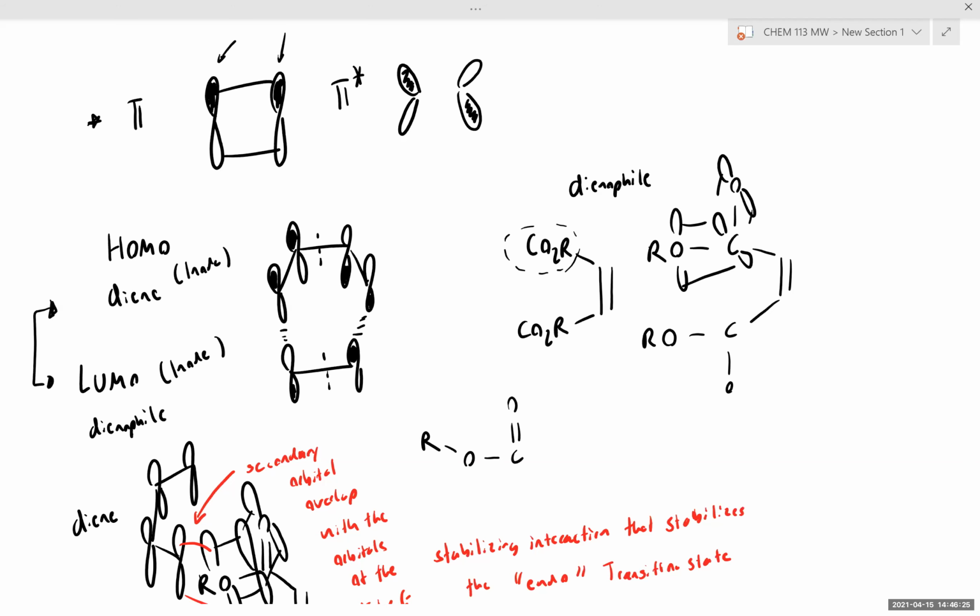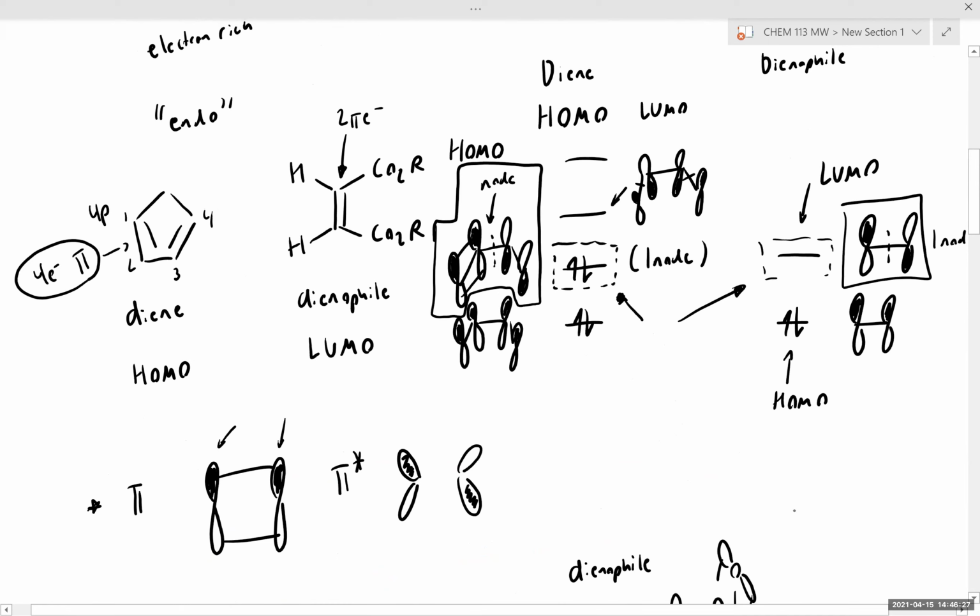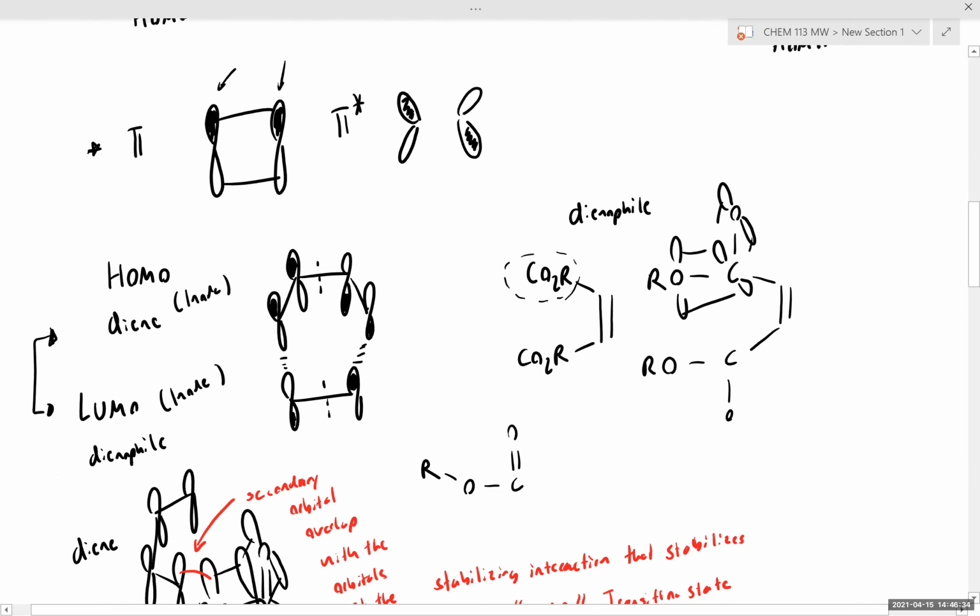What do we think? As drawn, we have our HOMO and LUMO orbitals. We've drawn them out with proper phasing. If we overlap our HOMO and LUMO orbitals and try to engage in a bond-forming interaction, are these 2 molecular orbitals properly phased for a bond-forming interaction?